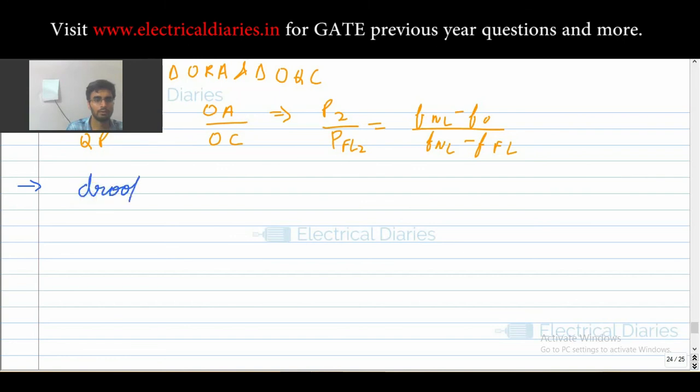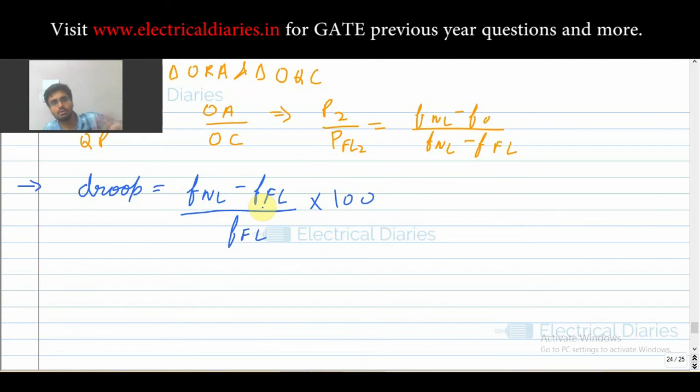Also, if someone asks you for the droop, you can find it using this formula: FNL minus FFL upon FFL into 100. That will be the droop percentage for any particular generator. So this is all about the droop characteristics, and this is valid for cylindrical rotor machines by default. That is one thing you should keep in mind.